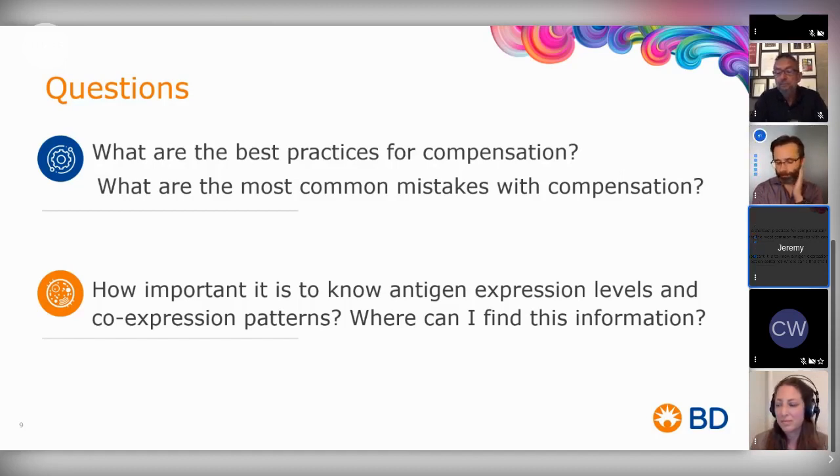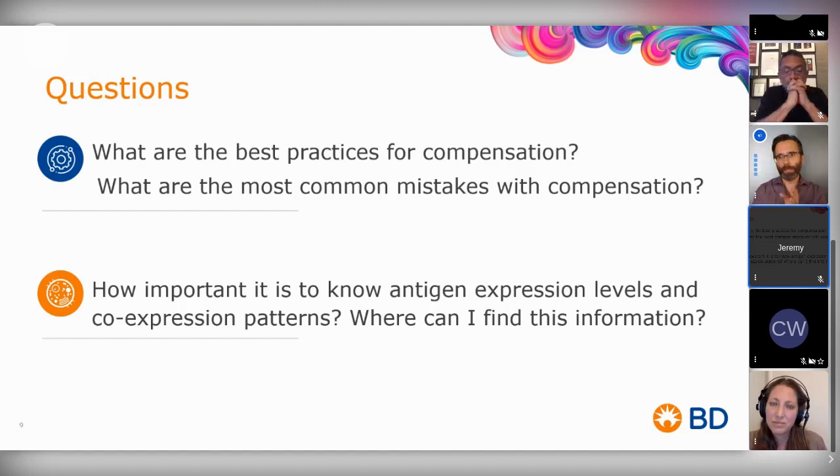Right. That's a very important question, because we do see a lot that it's very hard to promote best practices in compensation. So let's think of what compensation is. What are we trying to do? Essentially, we're trying to quantify the amount of spillover of a certain fluorochrome in different channels.